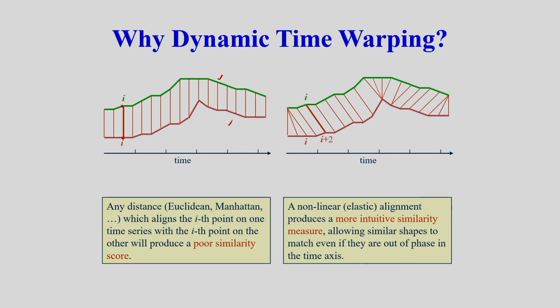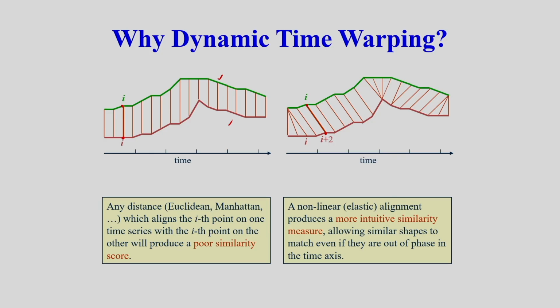Then in this case it gives a poor similarity score. But actually the point i of the first sequence corresponds to the point i plus 2 in the second sequence. So we have to find the matching between i and i plus 2.